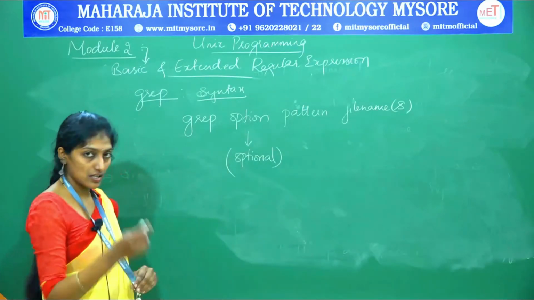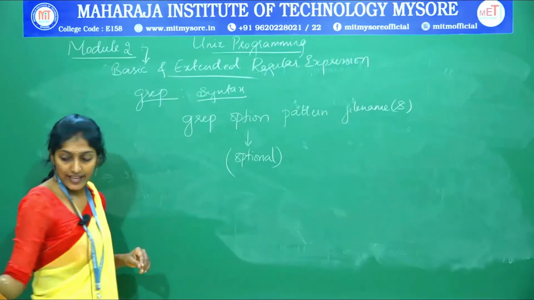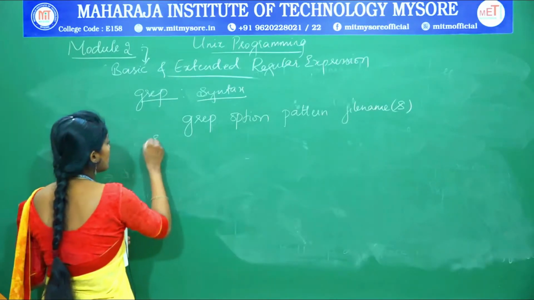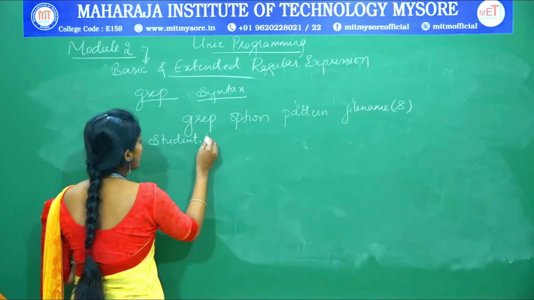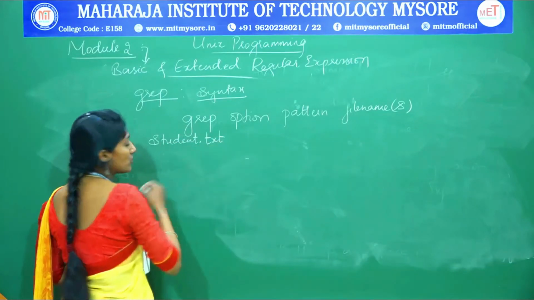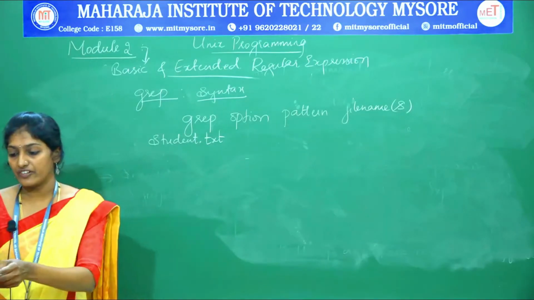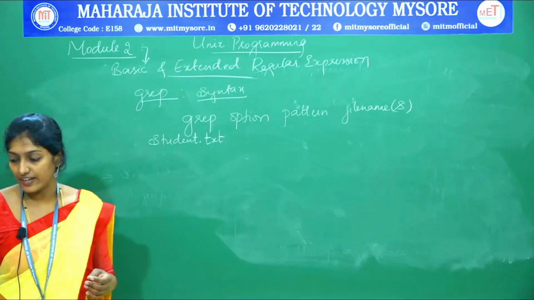Let me consider one file, that is the student.txt file. What I am going to do here is display the content that is there in the student.txt file. This is going to be displayed now. I am going to make you all first understand what content is there within the student.txt file.